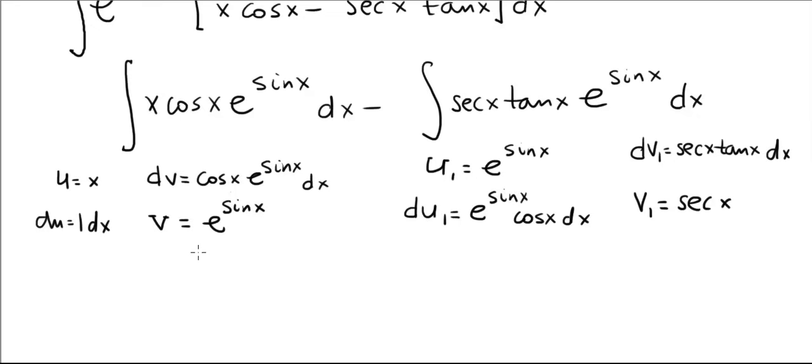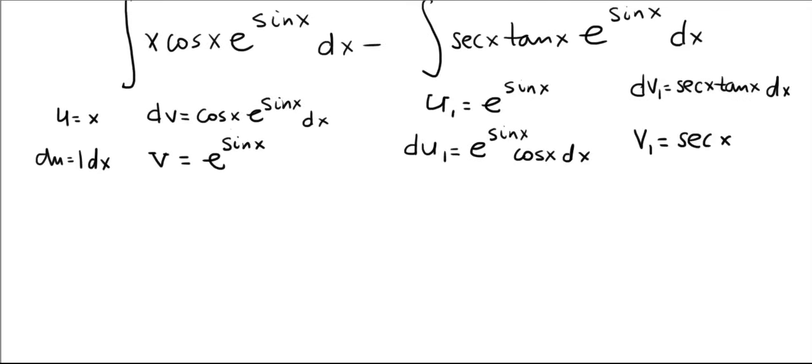So here we go. Let me write the left integral and keep it up here on the screen. It's going to be u times v, so x e to the sine x, minus the integral of v du, which is the integral of e to the sine x dx, minus the second integral.